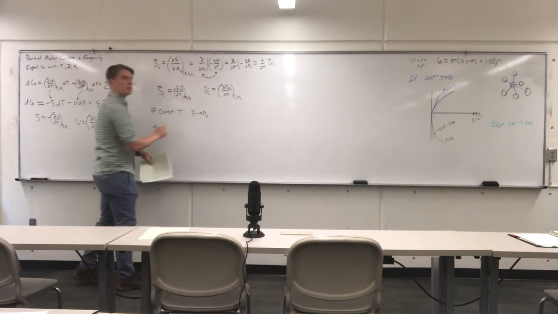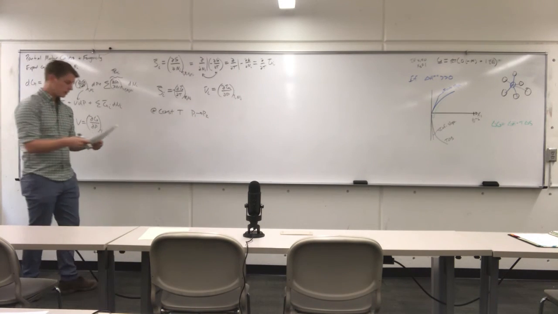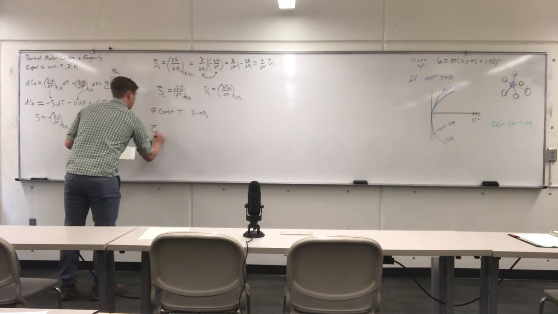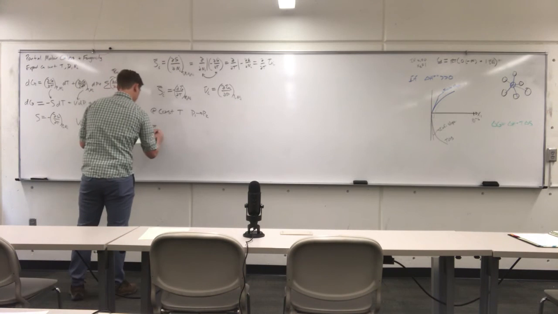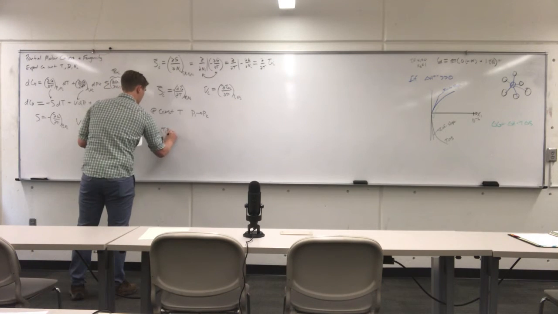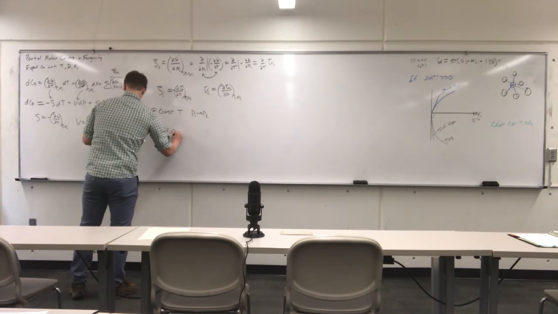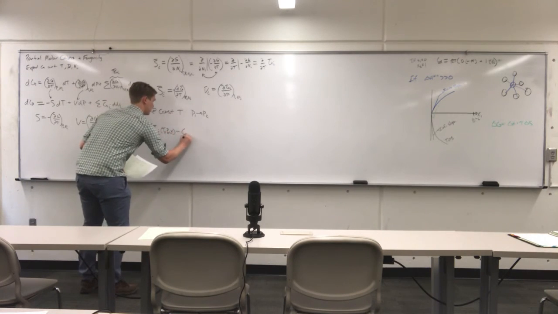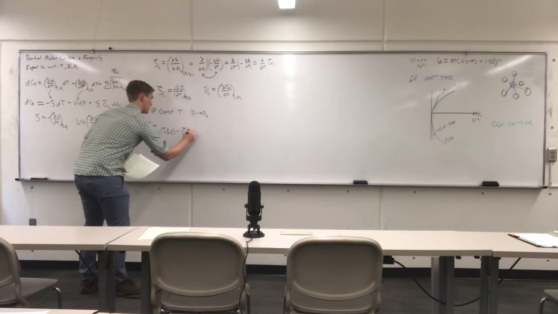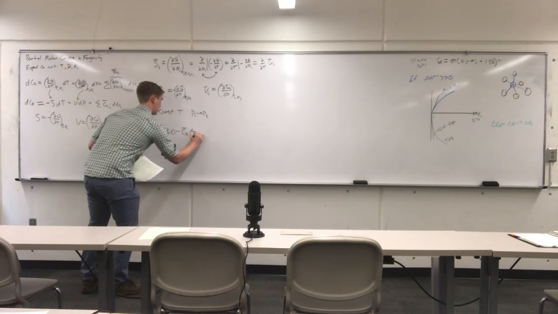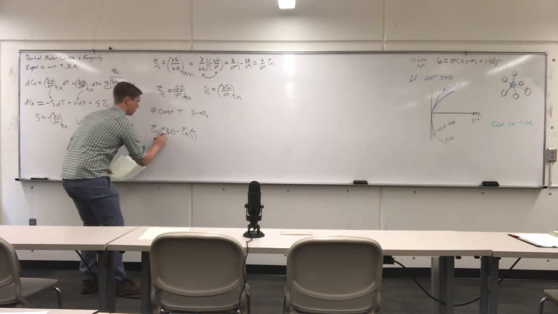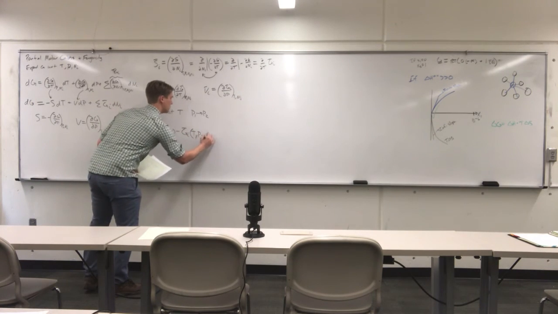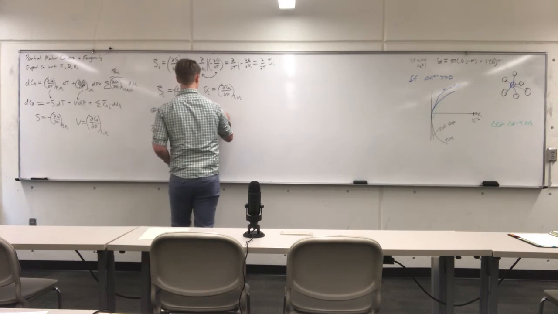We want to calculate the Gibbs free energy change going from state 1 to state 2. This is temperature 1, pressure 2, minus the partial Gibbs of temperature 1, P1 and composition. I will say at constant composition.